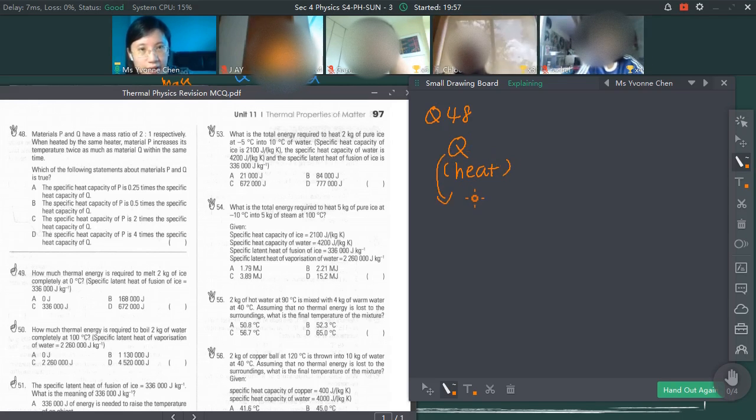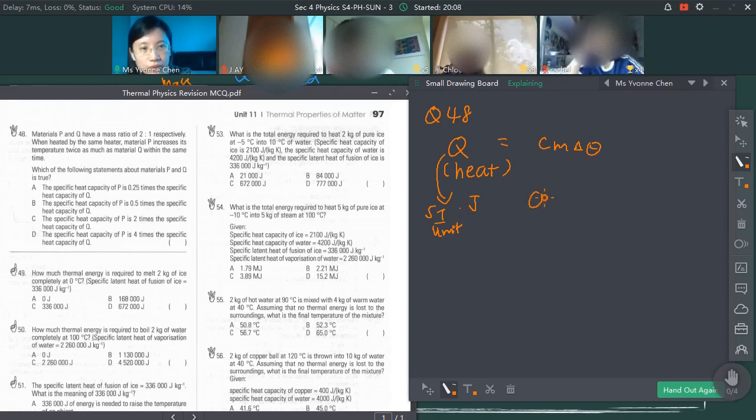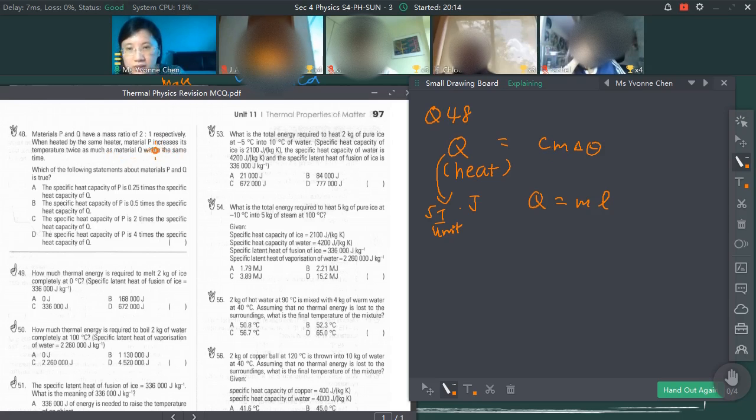The SI unit for energy is joule. Q equals to Cm delta theta, or Q equals to ml. In this case, because there's a change in temperature, you can see an increase in temperature.